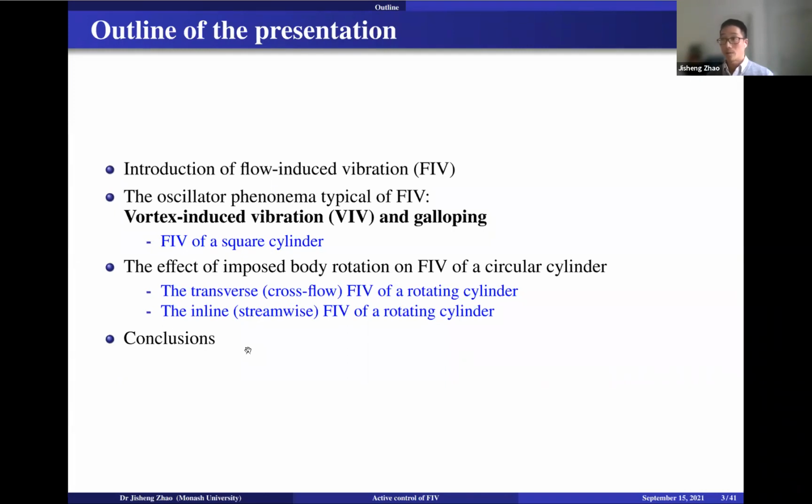Basically, we impose body rotation on the cylinder, and then we look at the control effect, say enhancement or attenuation of the vibration. There are two cases I will show you. The first one looks at the cross-flow direction of the body vibration. The second looks at the inline structural vibration, which means the vibration direction is in line with the flow direction. And lastly, I'll give some conclusions of the talk.